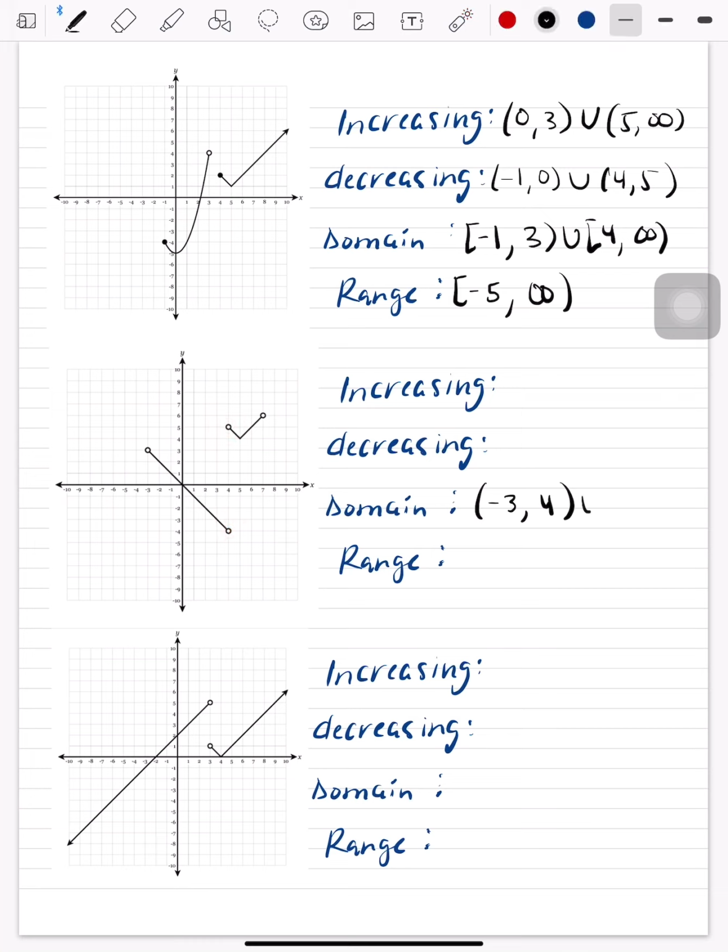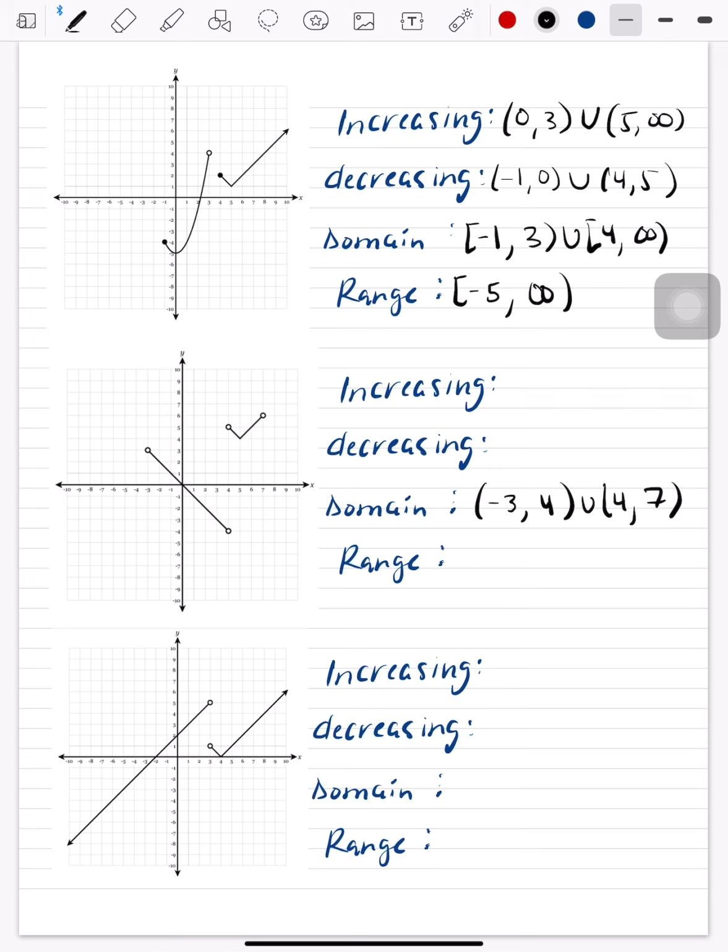So union, because 4 doesn't really exist, union 4 to, and it continues to exist all the way up to, if you see right here, all the way up to 7. So from 4 to 7, that is going to be our domain. Open circle, because everything's parentheses, because everything's open circle.